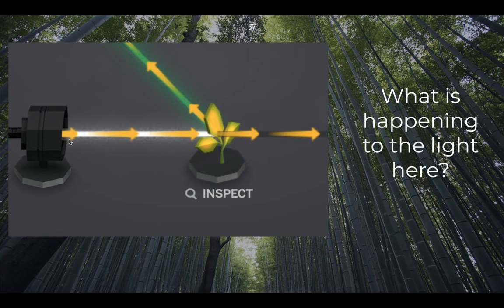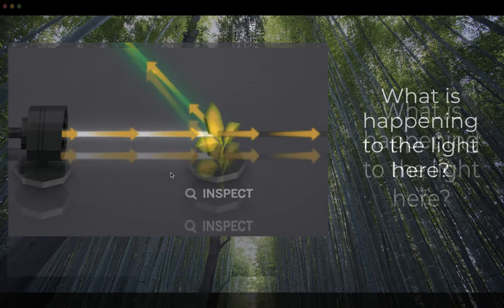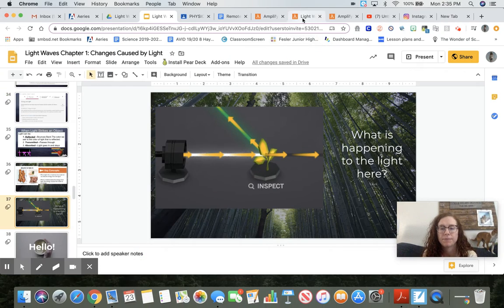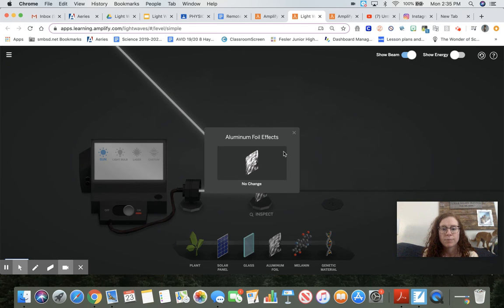So in that sim, we shined the light, it hit the leaf, and some light got reflected back, only the green light. We need to talk about white light some more, but some light did get absorbed because, let's go back to my sim. Remember, we had no change, so nothing got absorbed there.